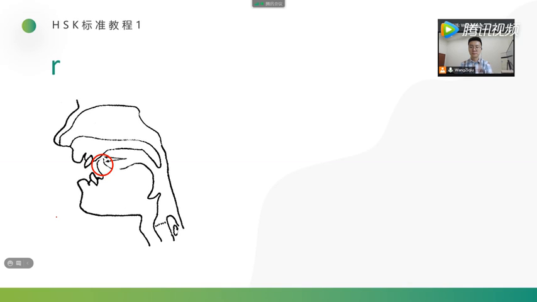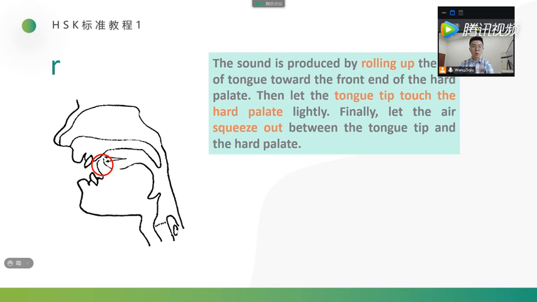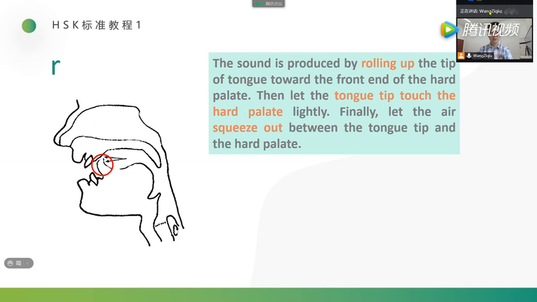Let's try this one. Listen. It may be a little bit difficult for you. Let's learn it together. When we pronounce it, the sound is produced by rolling up the tip of the tongue toward the front end of the hard palate.